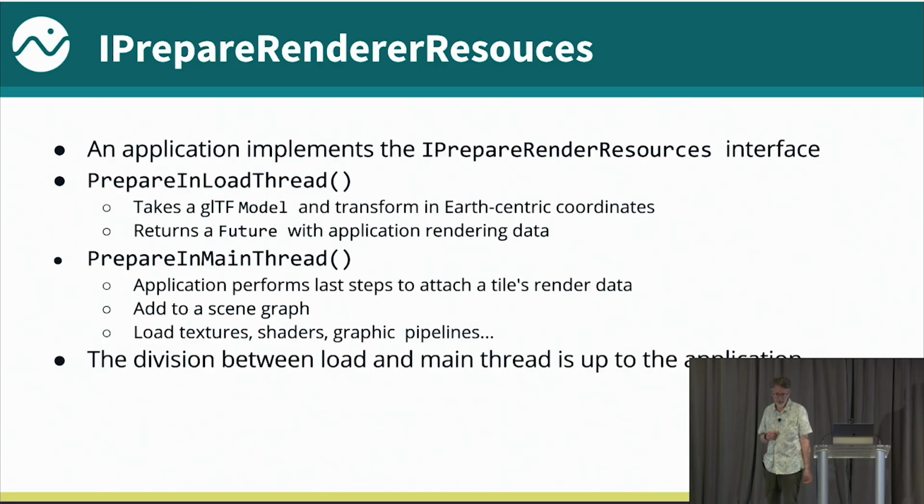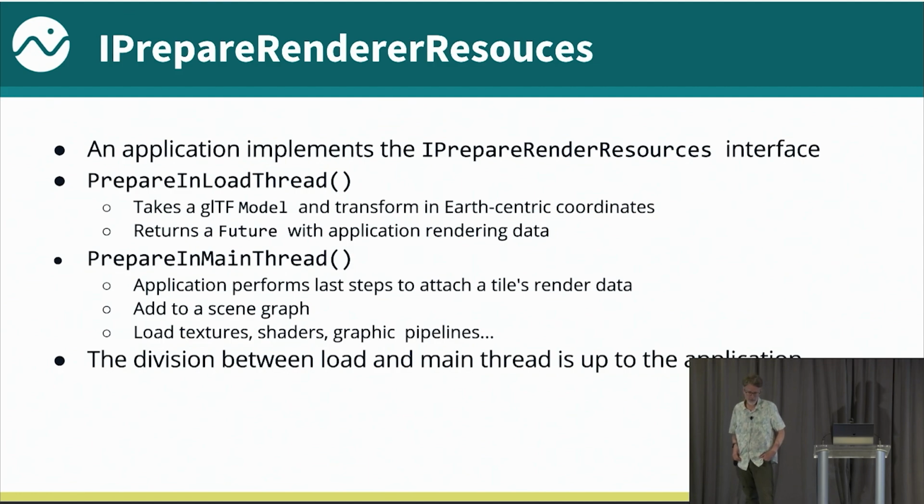So if you want to write an application, you need to implement an interface called prepare render resources. And it doesn't do very much. It accepts a glTF model and a transform indicating where it's positioned in space. And it returns to Cesium Native an object with the data your application creates for the rendering, whether that's part of a scene graph or other graphic primitives.